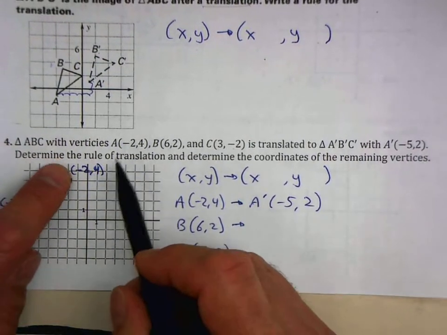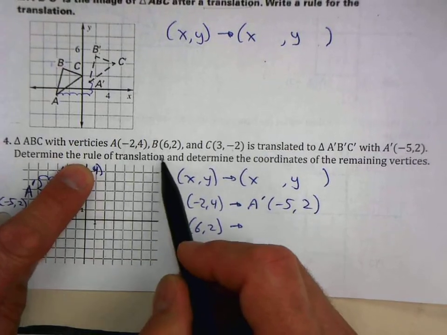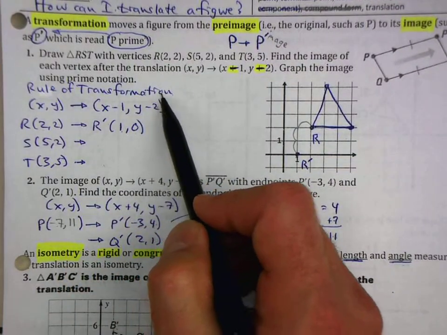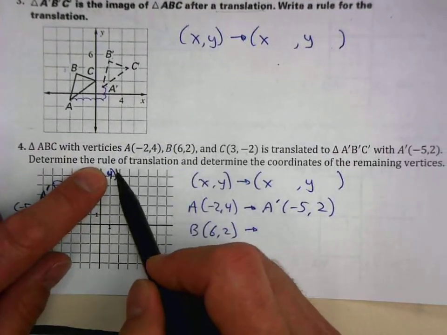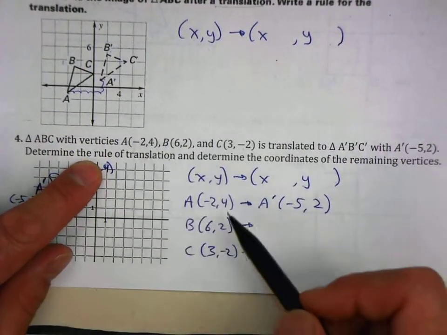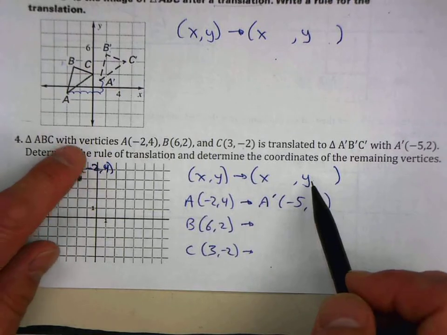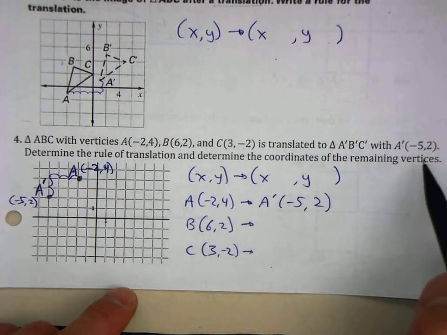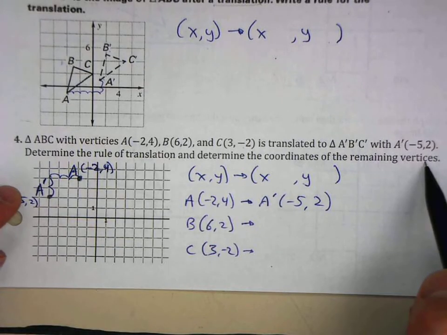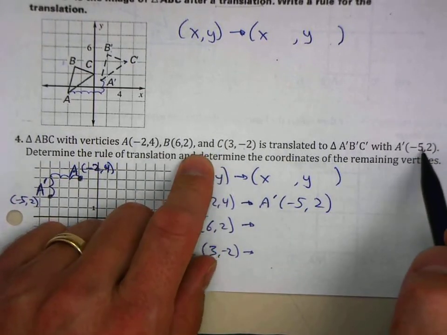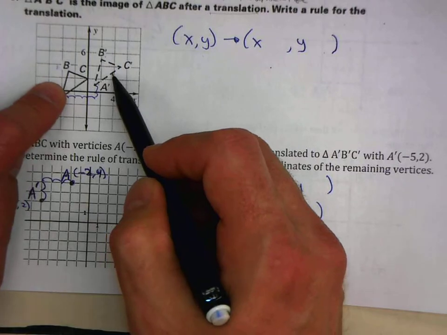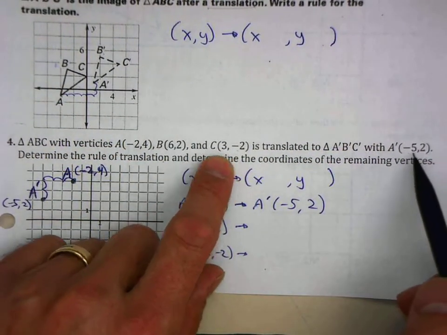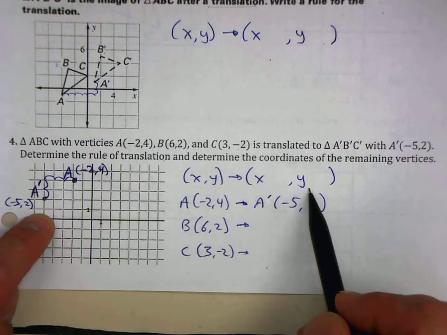Now they want us to determine the rule of translation, and the coordinates of the remaining vertices. This time they're giving us the coordinates. Last time they gave us the graph and we had to figure out the rule of transformation. Now they're giving us the coordinates, and we have to figure out the rule of transformation.